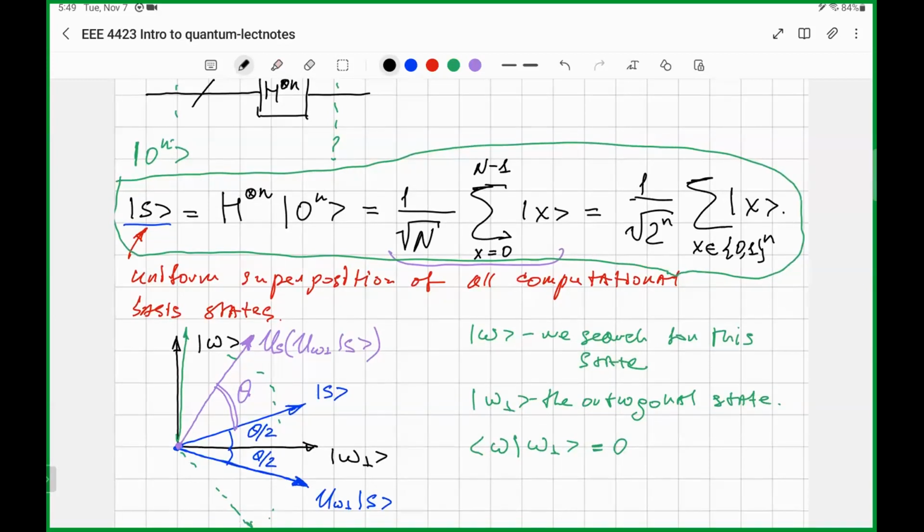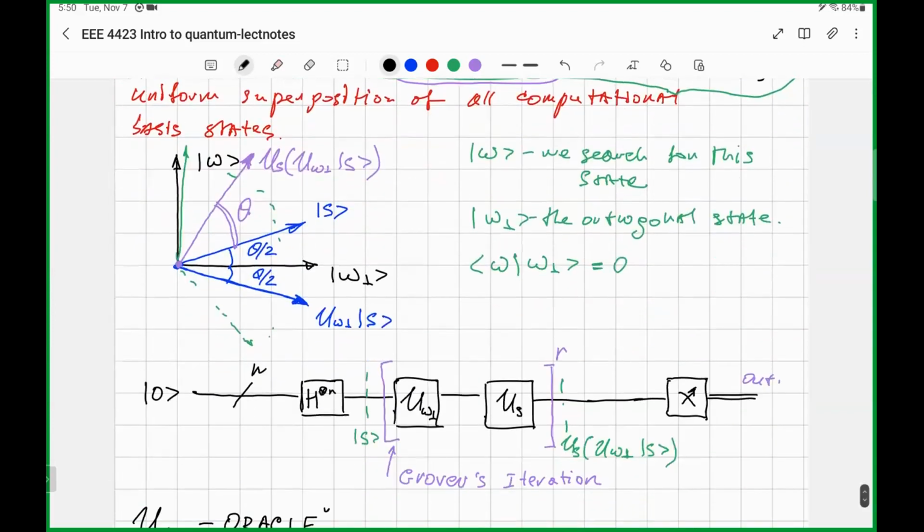For example, if our computer has only 3 qubits, then we have 2 to the power of 3, 8 possible basis vectors, and this x denotes all of these 8 vectors, and the summation will run from 0 up to 7. So this state omega is just one of these basis vectors.